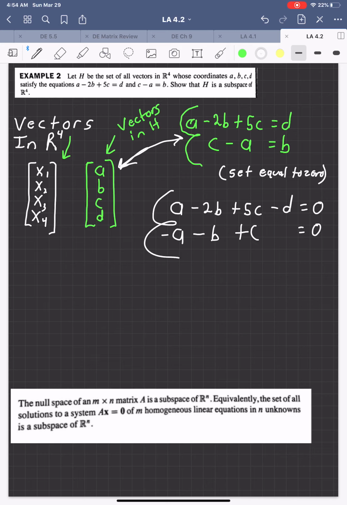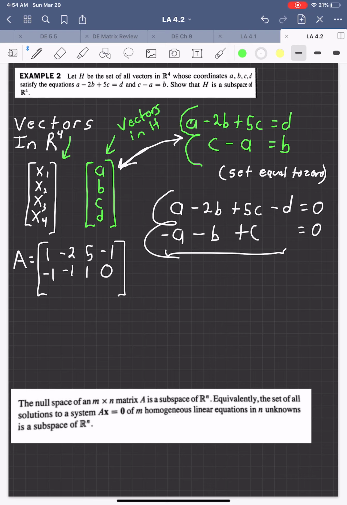Okay, so let's go ahead and identify what is A. What is our coefficient matrix here? Ready? We're going to grab all of the coefficients attached to these variables, as well as 0 for the placeholder there. So matrix A would be 1, negative 2, 5, negative 1, and negative 1, negative 1, 1, 0.